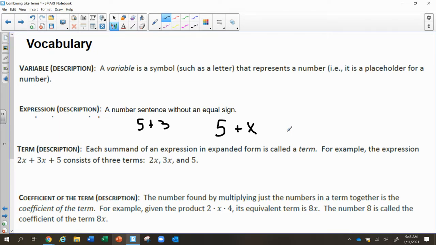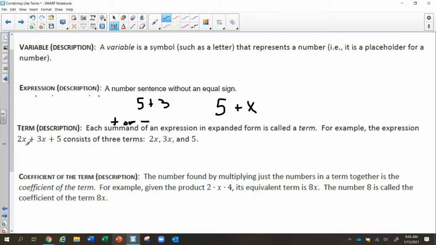Term, each summand of an expression in expanded form is called a term. So all this means is any item separated by a plus or a minus sign. So each part in an expression that's separated by a plus or minus sign is called a term.